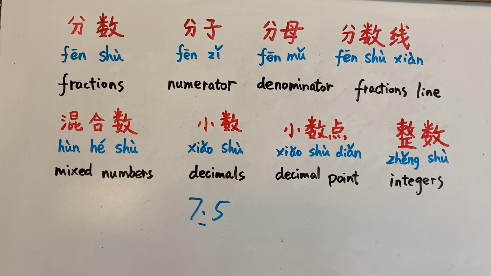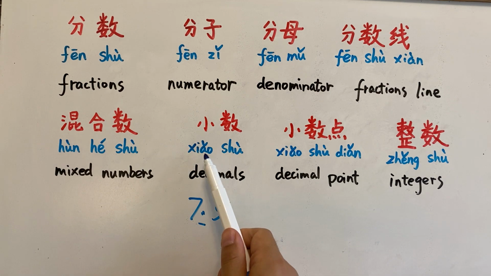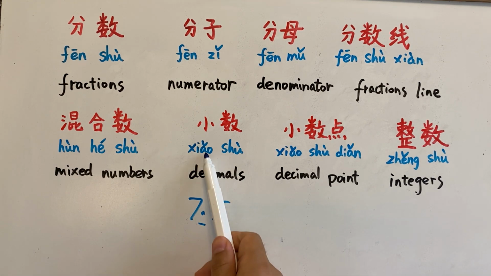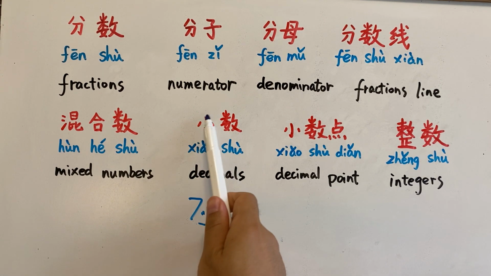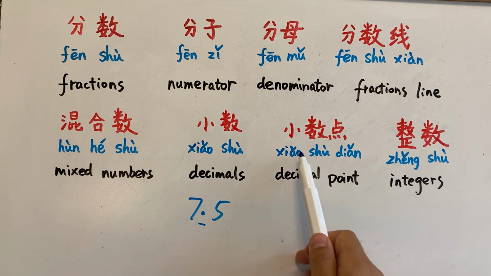We call this point 小数点, decimal point. The decimal is 小数. This 小 is small in Chinese, 小数, very small numbers, and this point is 小数点.